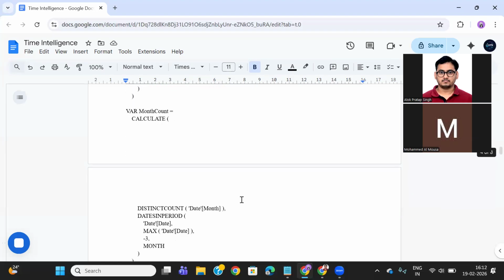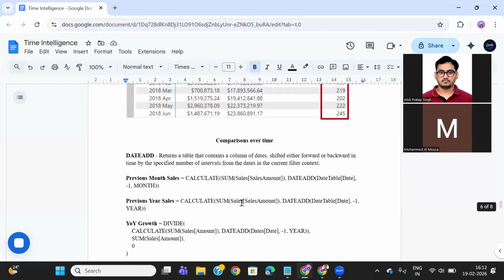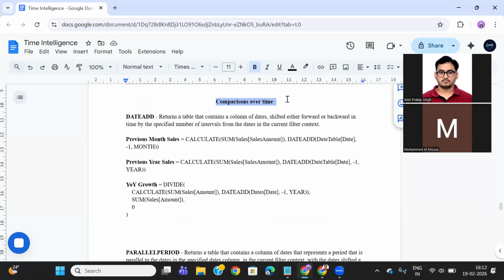The other thing is comparison over the time. If you want to check the previous year's revenue or previous month's revenue, and compare it with today's or this year's revenue or sales, you can use time intelligence functions as a comparison over the time.